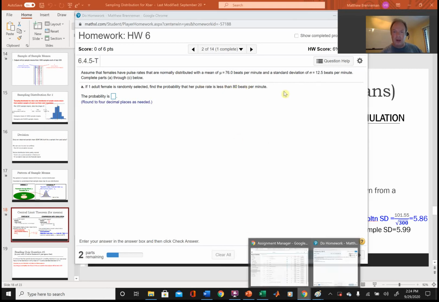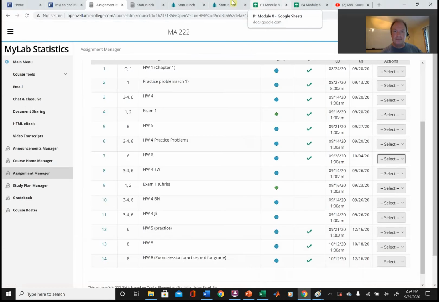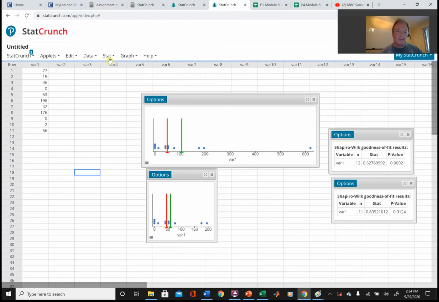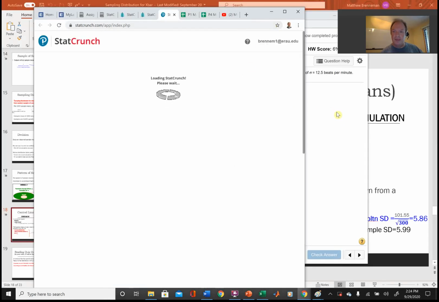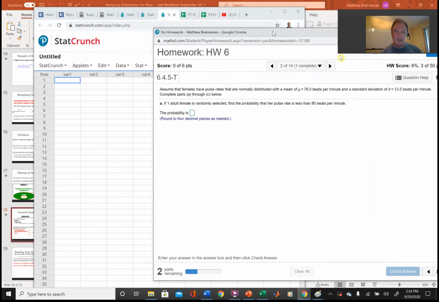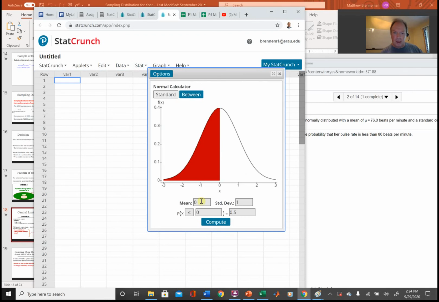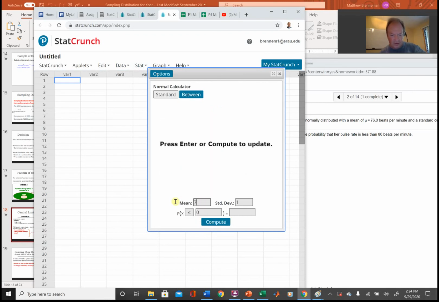So here we're going to use StatCrunch, right? So we go to StatCrunch, normal calculator. Let's open up a whole new table here. Okay. And we just start putting in the values that we're given, right? So we go to StatCrunch, calculator, normal. And we're told that the mean is 76.